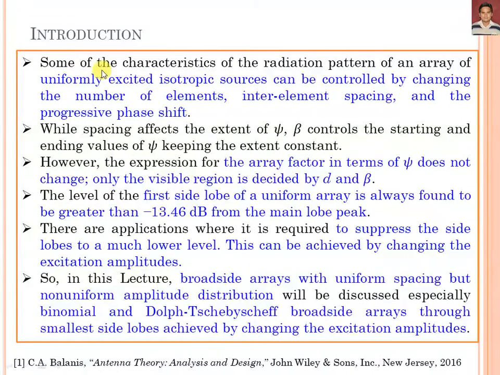The contents and problems are prepared from this book. Initially, as we have discussed in the previous lectures, the n element linear array with uniform spacing, uniform amplitude and progressive phase shift between the elements, we have found that some of the characteristics of the radiation pattern of an array with uniformly excited isotropic sources can be controlled by changing the number of elements, inter-element spacing d, and the progressive phase shift beta.